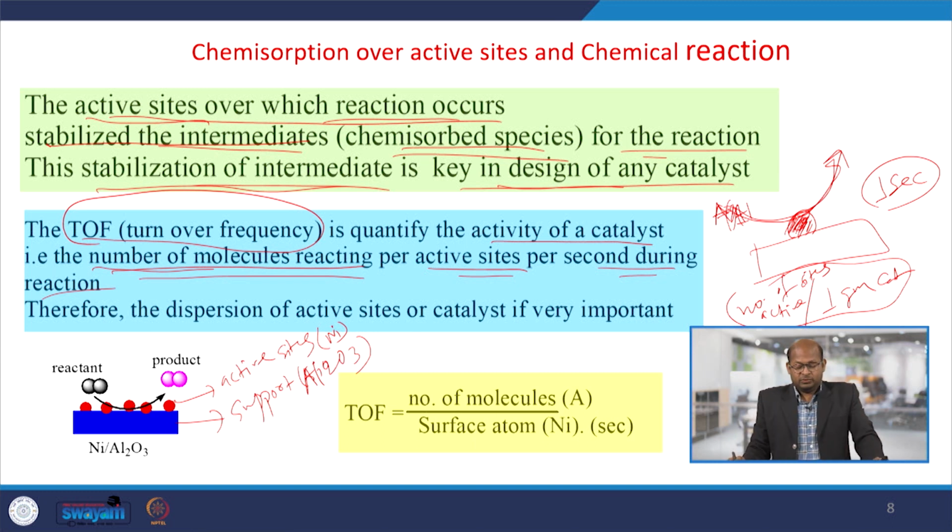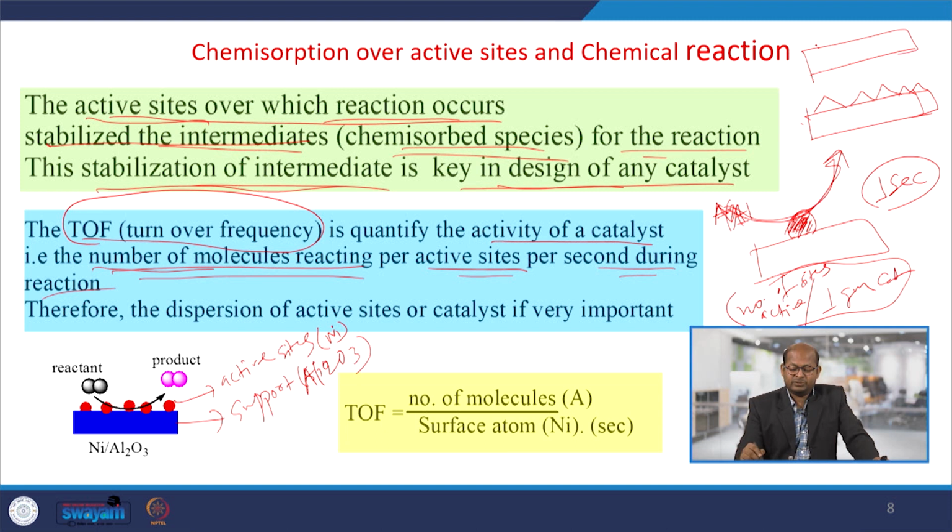So, turnover frequency is usually expressed as the number of molecules reacting per active site per second during the reaction. Therefore, consider the dispersion of active sites. If we prepare a catalyst with more and more sites dispersed, and another catalyst with only 2 active sites, then here the number of active sites is more and the dispersion is more, while there dispersion is less.